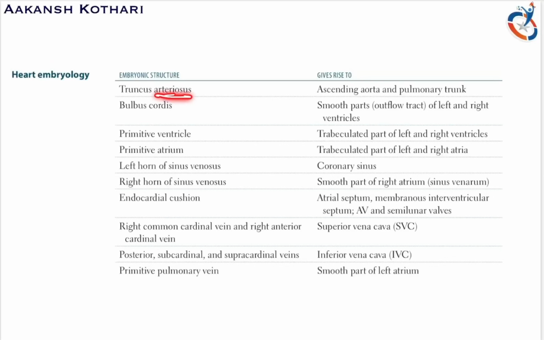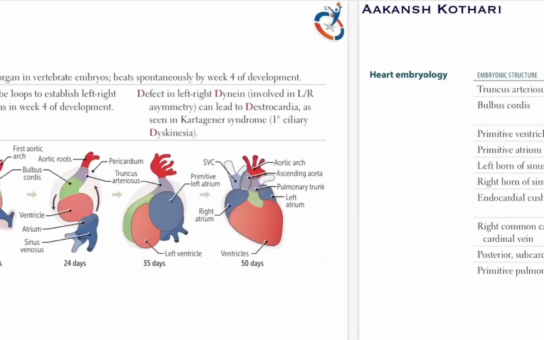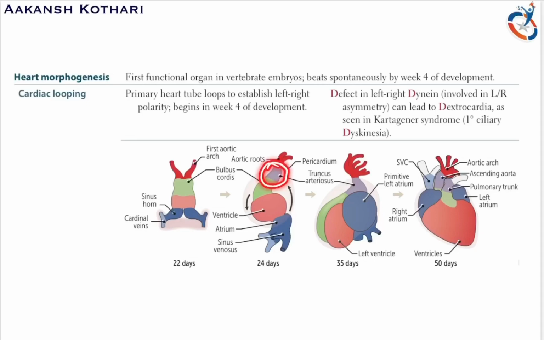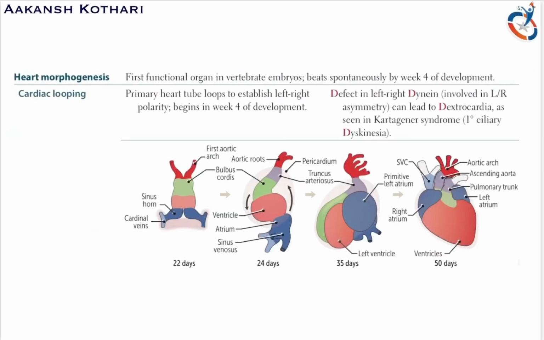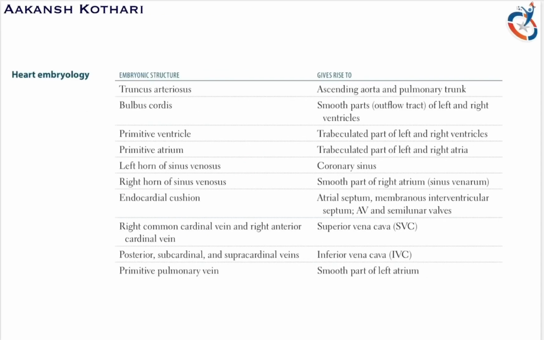The truncus arteriosus gives rise to the ascending aorta and the pulmonary trunk. I'll show you the truncus arteriosus. This part gives rise to ascending aorta and pulmonary trunk. The bulbus cordis, the structure in green, gives rise to the smooth part of left and right ventricle.